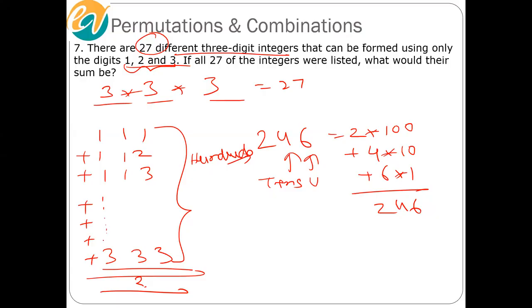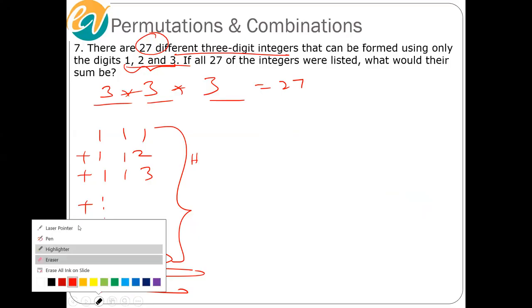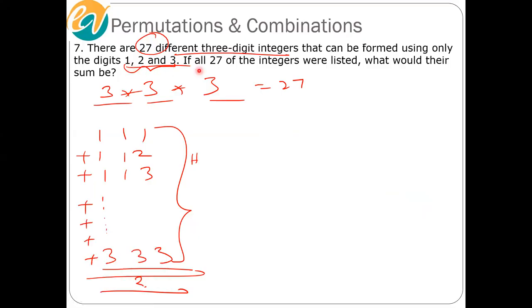Okay. So with this understanding, let's come to this question now. There are a total of how many digits? 3, right? Total of 3 digits. And a total of 27 integers that are formed using those 3 digits, right? So purely think about it from a symmetry perspective.